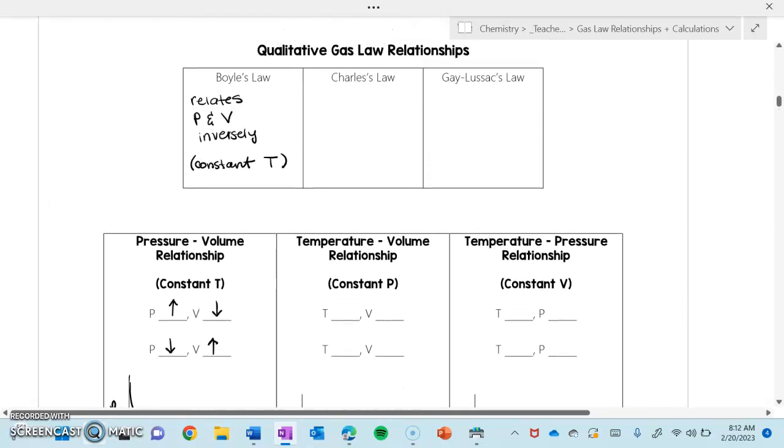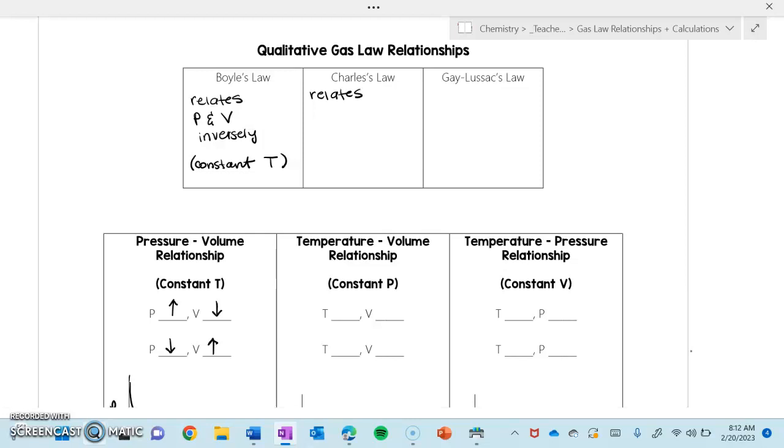The next one we have is Charles' law. Charles' law relates volume and temperature. These 2 are directly related. That means our pressure is constant here. If you think about things that will expand and compress, that's referring to their volume, larger and smaller, based on seasonal changes.